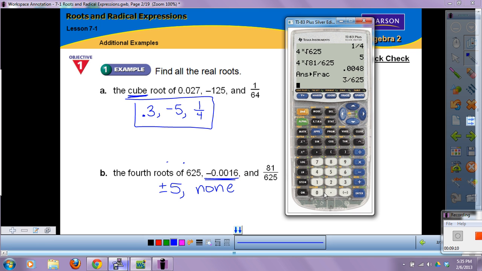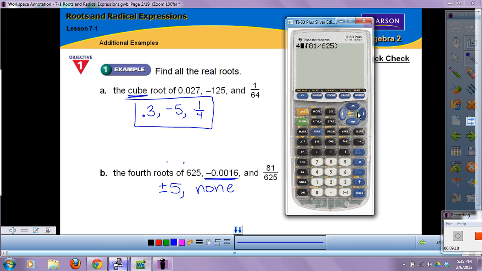Actually, maybe I need to close the parentheses on that. I think it just took the 4th root of 81, and it didn't do our denominator. So let's try that again. The 4th root, Math, number 5, of 81 divided by 625. And let's see if it'll let us do that. Now it wants me to put the parentheses in the front. So let's go here.